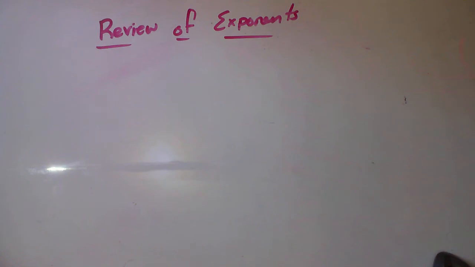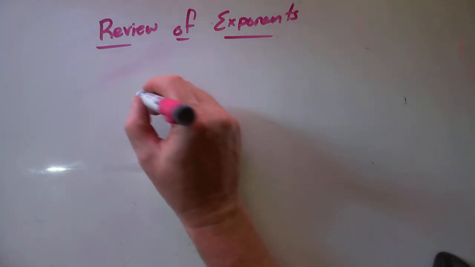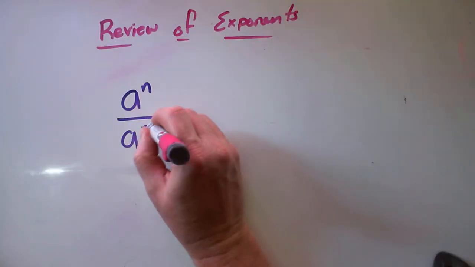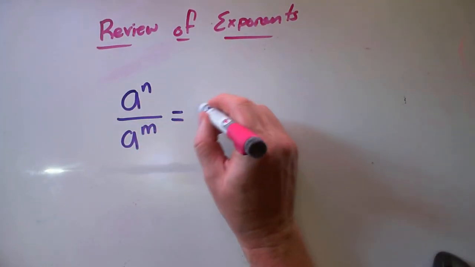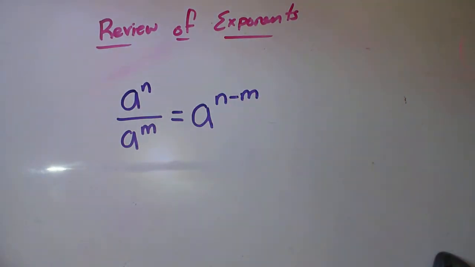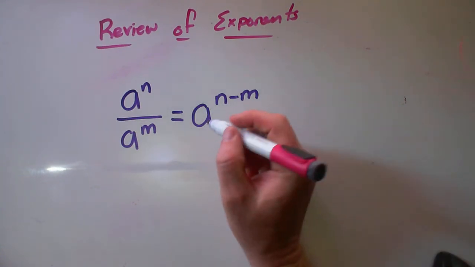Addition and subtraction are very similar functions, and when we work with exponents, the addition rule that we just looked at is similar to the division rule. A to the n over a to the m equals a to the n minus m. So when we divide with like bases, we actually subtract the exponents.